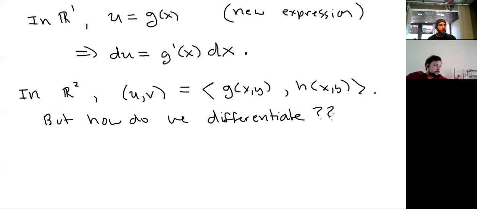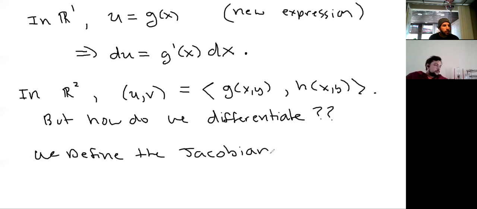One way we've done this is to use a matrix. So what we do here is we define what's called a Jacobian. It's named after someone, so it's a capital J. What is the Jacobian?